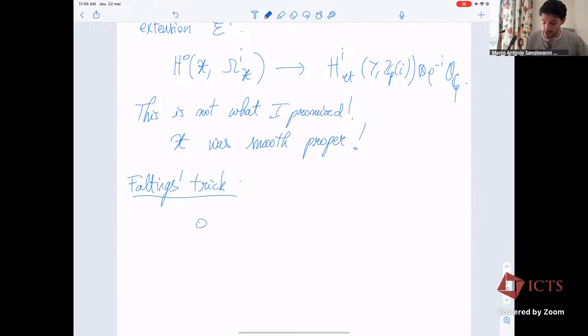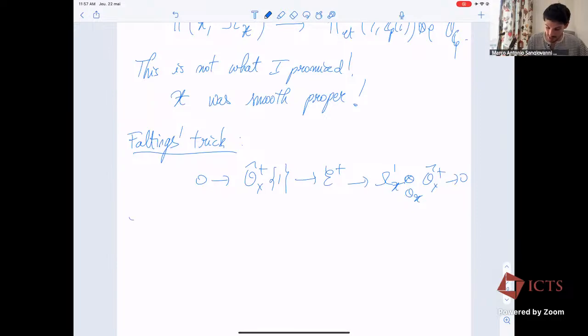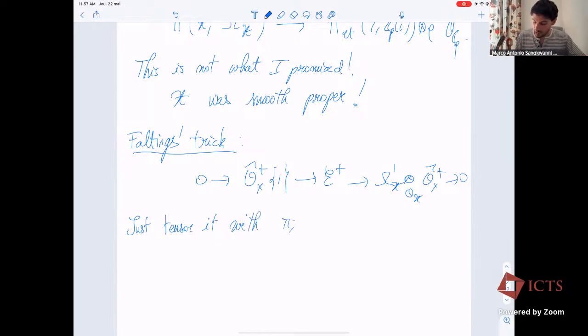And so when you have this Faltings extension, you just tensor it with pi star Z_p, which will be locally free.